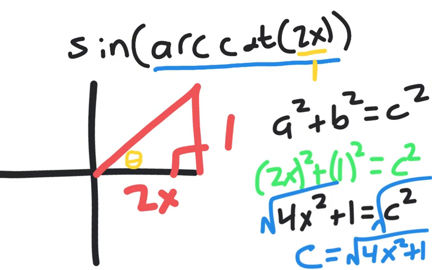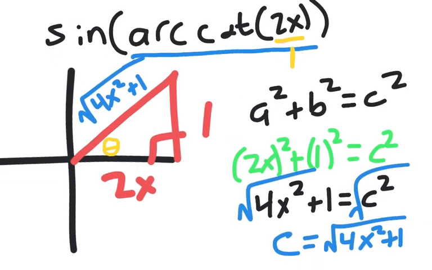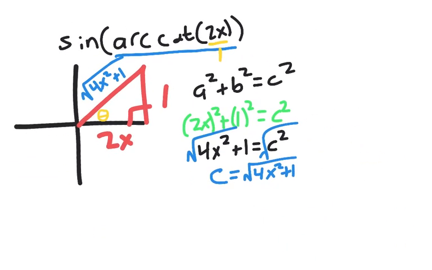So what have I just found? I found the missing side of this right triangle, which is the square root of 4x squared plus 1. So again, what was I doing with this problem to start with? I was taking this inside trig function, arc cotangent. It takes in a ratio of two sides, and it gives an answer that is an angle.